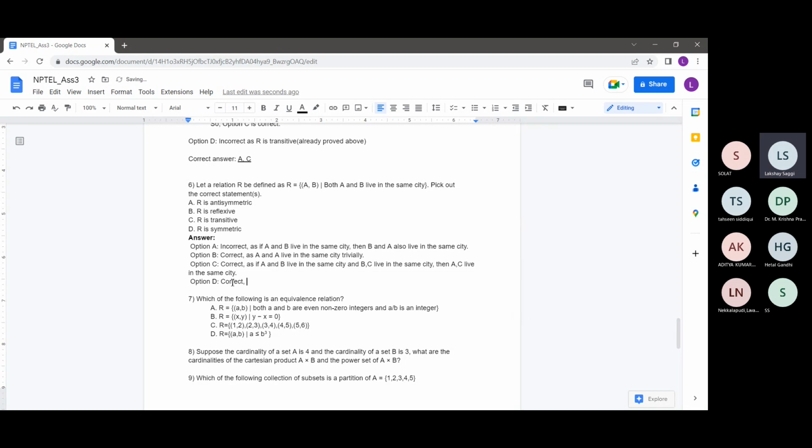And the reason is already discussed above. So where have we discussed this? We have discussed this in option A. In option A, we have already established that if A and B live in the same city, then B and A also live in the same city.